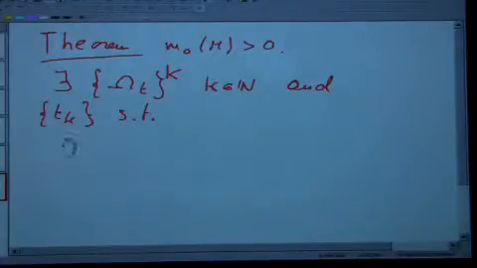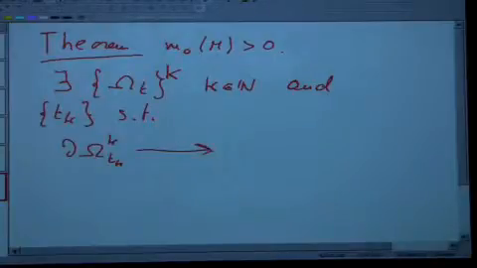The boundaries of the tk surfaces are converging, in a certain sense which I will specify in a moment, to a smooth minimal surface sigma.